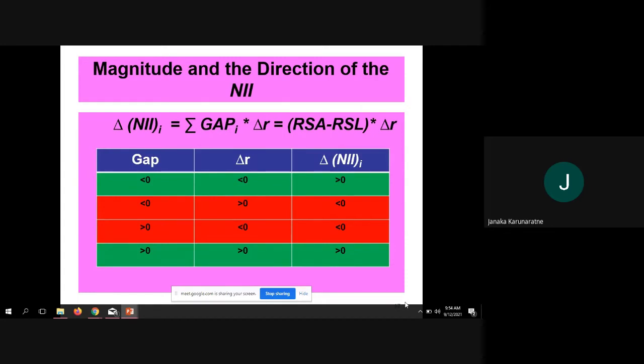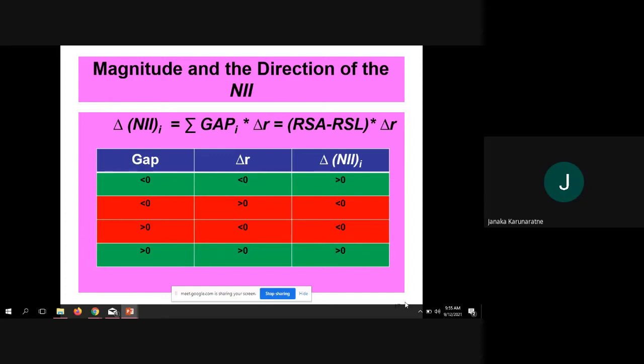What do you mean by gap is less than 0? It's negative, but what do you mean by that? Rate sensitive liabilities are more than rate sensitive assets.